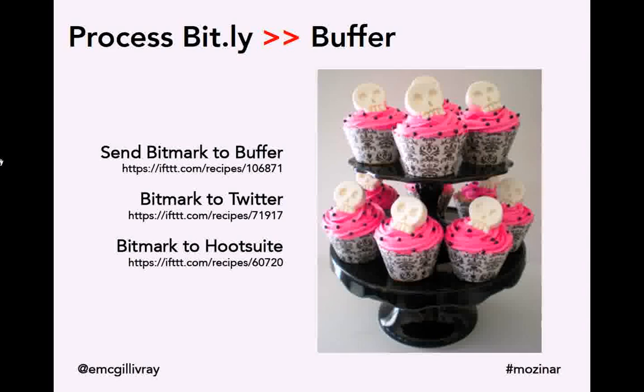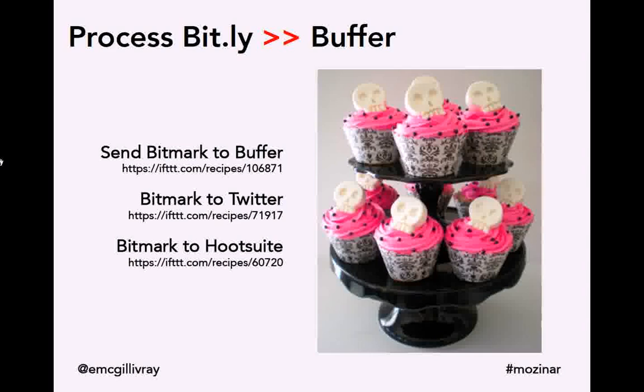I have it set so anytime I am on a piece of content and I hit my little Bitmark extension up top because I want to shorten that link, it shortens the link and it automatically sends it to Buffer, which then schedules it to send out on my Twitter accounts at the times I have already set in Buffer. So all I do is I'm on that page, I read that great blog post, I hit that shortening, it's done.